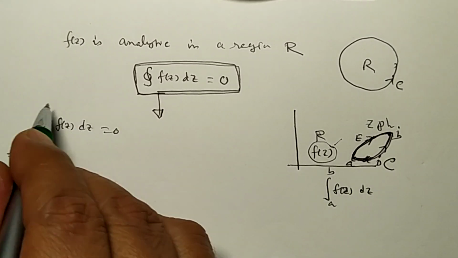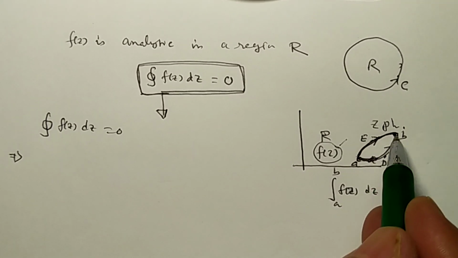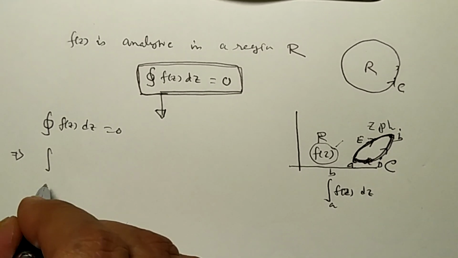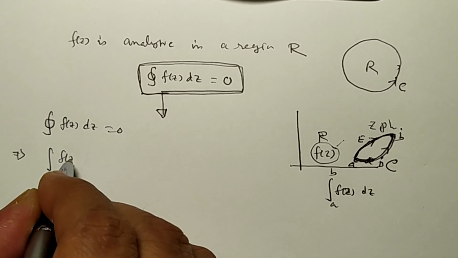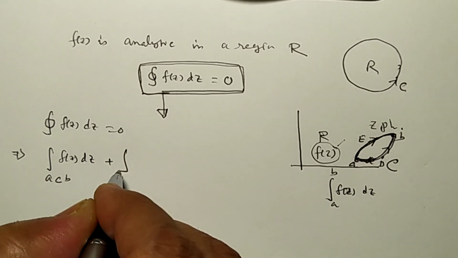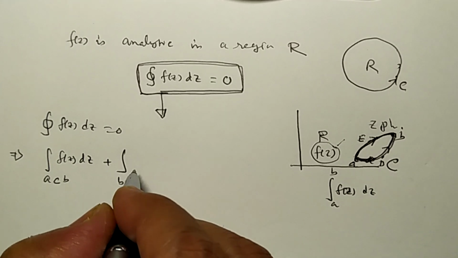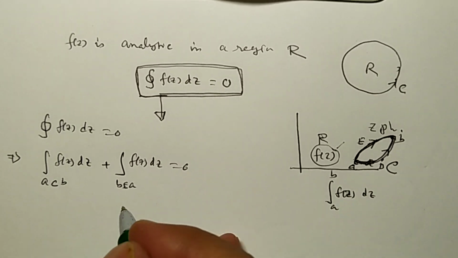Now this contour I can split into partial paths: first I go from A to C to B, f of z dz, plus then I complete from B, E and A, f of z dz, that should be equal to 0.